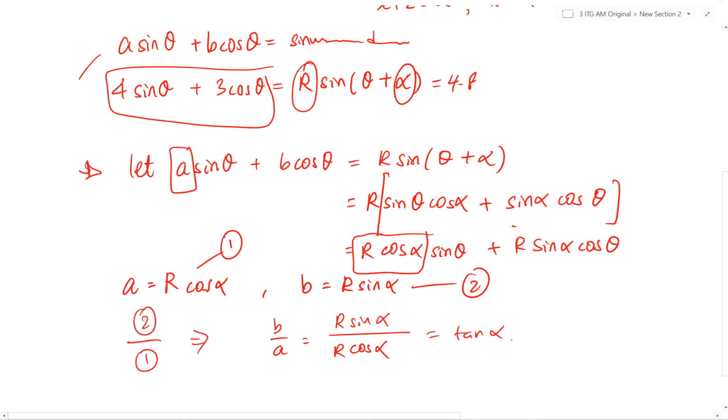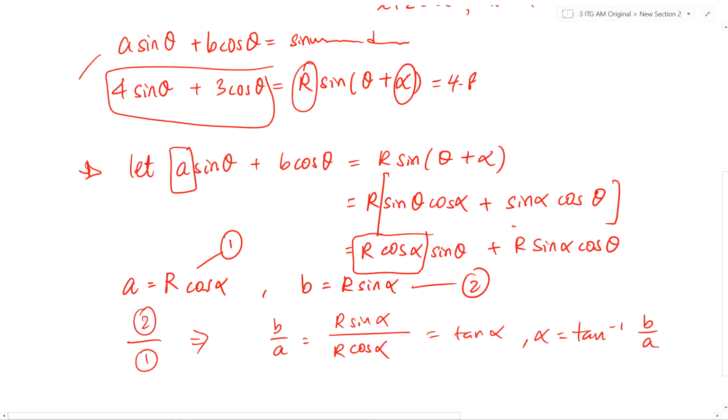Now, again, keep in mind, did we originally have the values of b and a? Yes, we did. In this question, a is 4, b is 3. Meaning, I am able to get this value from the question. If I have this value and it is equal to tangent alpha, can you find alpha? Yes, alpha is simply tangent inverse b over a.